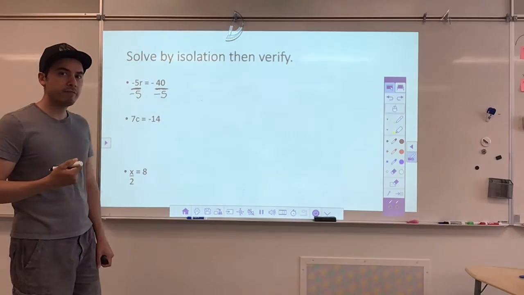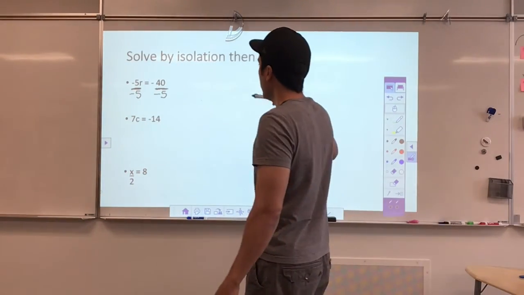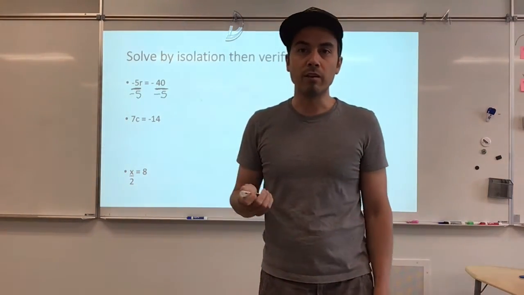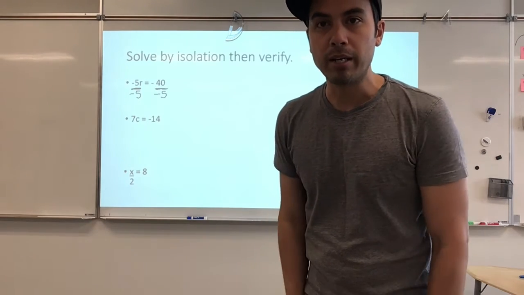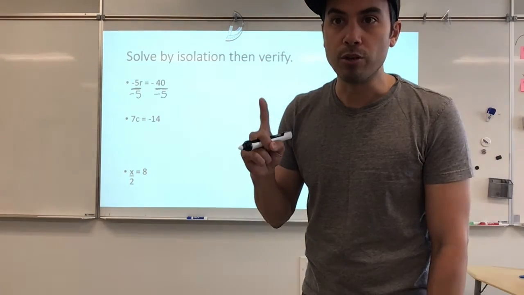Why is negative 5 helpful in this case? Well, any number divided by itself is 1. So if you had negative 16 divided by negative 16, that's 1. If you had 2,000 divided by 2,000, that's also 1.